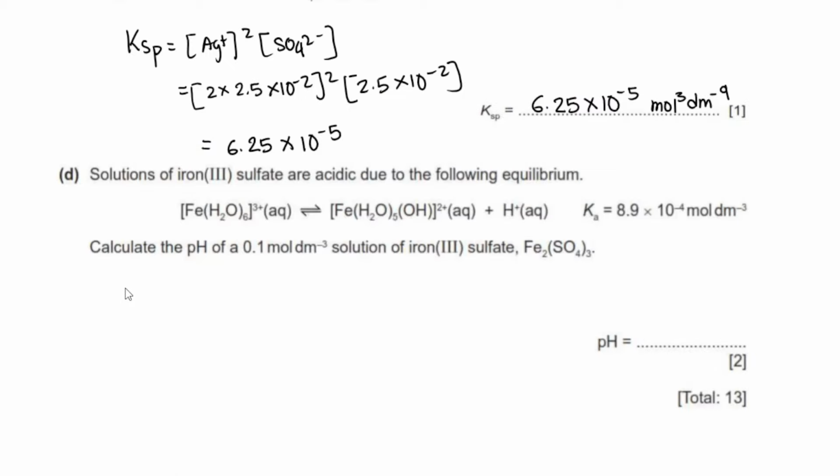In part D, we have been told that solution of iron 3 sulfate is acidic due to the following equilibrium, and we've been given the acid dissociation constant. When iron 3 sulfate is dissolved in water, it produces Fe3 plus ions and sulfate ions.